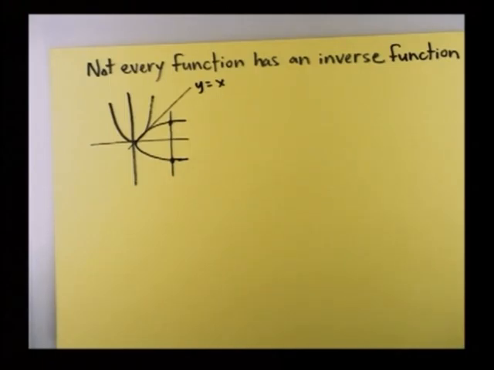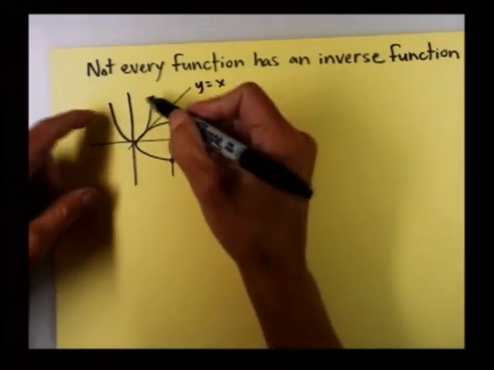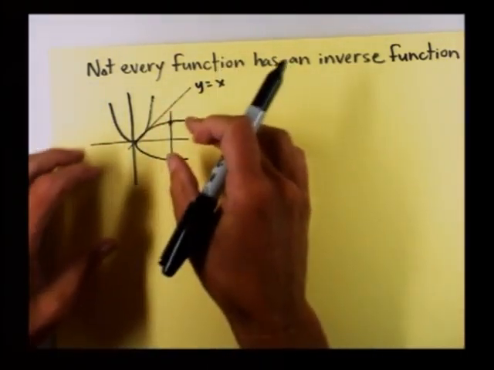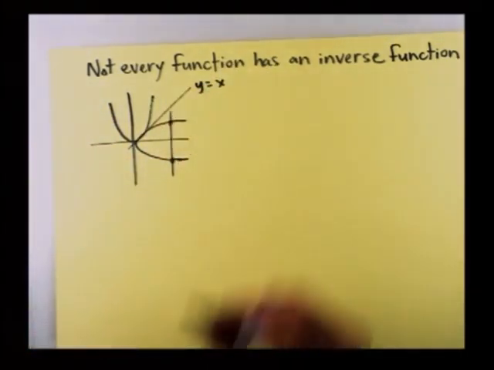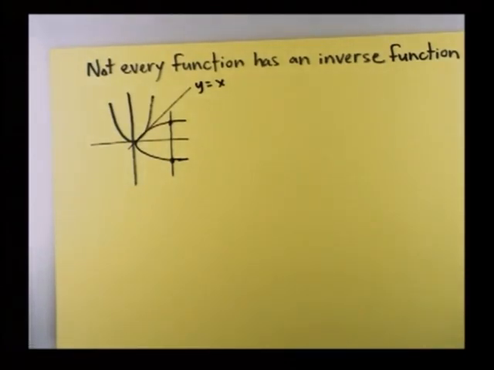Now, rather than go through the whole process of looking at our graph, drawing the reflection of it, and doing a vertical line test, there's kind of a little bit of a shortcut here. It's called the horizontal line test. So if we have a graph, we don't have to draw the inverse of it.